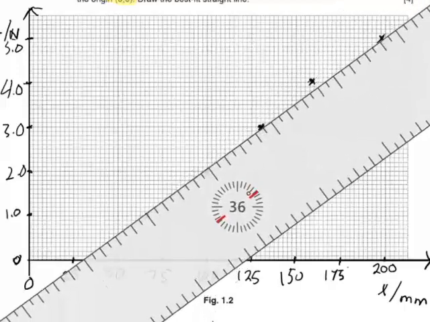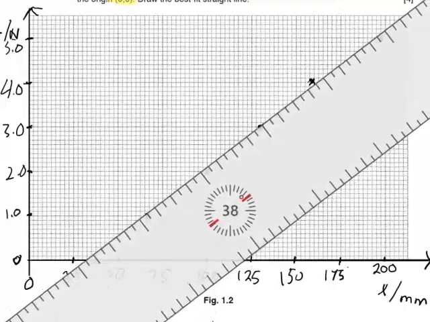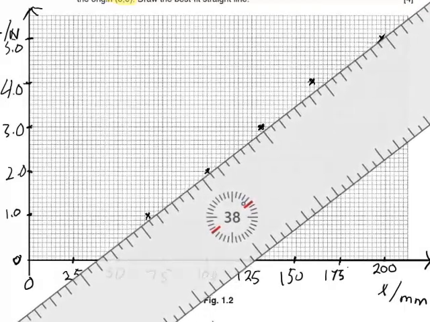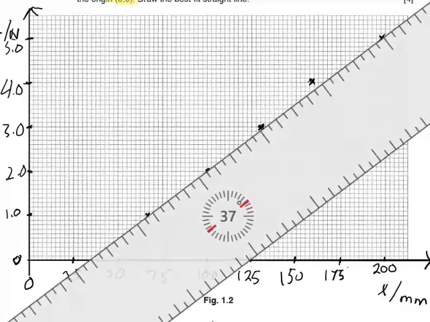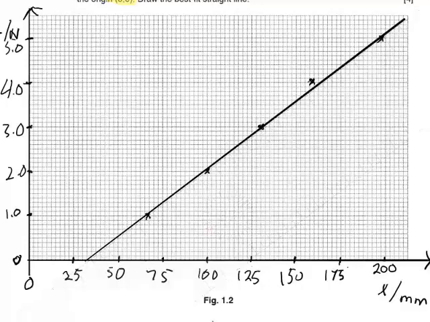Now we draw the graph. I think my point is kind of weird, the first one. At the 1, 2, 3, 4, the fourth one, I can check later. Okay, that will be my graph. Let me check again.